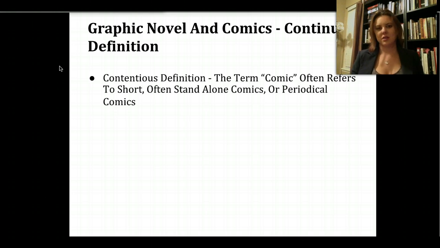And the reason that they came up with the term graphic novel really is because the term comic often refers to the short, often standalone comics, or periodical comics, meaning that they are published in periodicals, so they may be published weekly or monthly, but they come in different series and often can stand alone by themselves as well. Whereas the graphic novel then is a complete text that's in a longer book form.